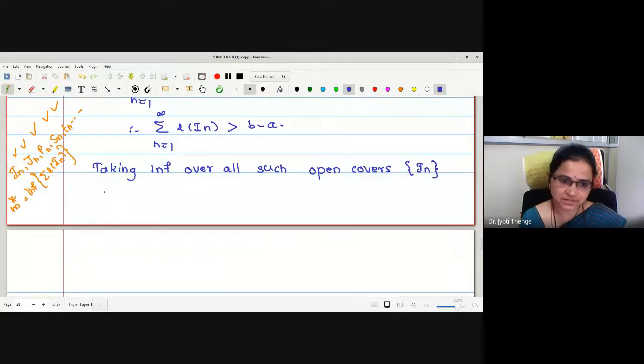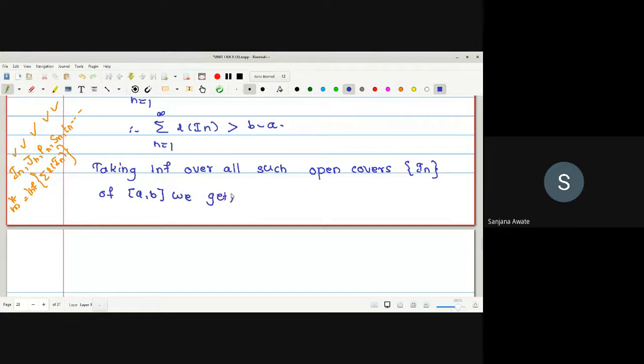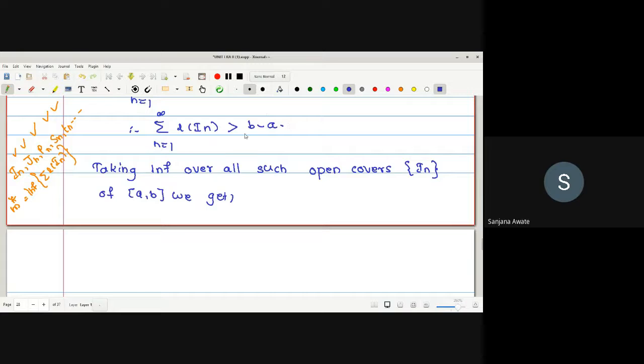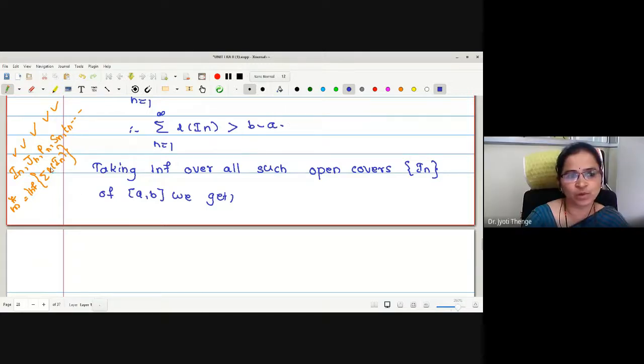Greater or equal is the correct answer, because m star is equal to the infimum of the summation of lengths of I_n, and the summation from 1 to infinity of the length of I_n is greater than b minus a. This means b minus a works as a lower bound for this set, and it may be possible that it is a greatest lower bound as well.